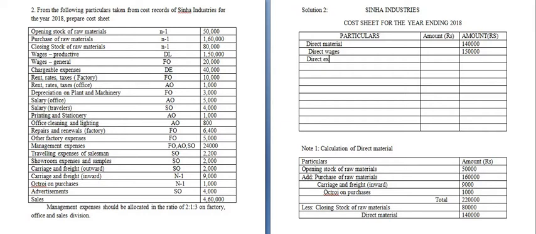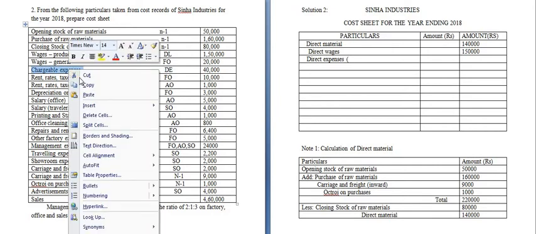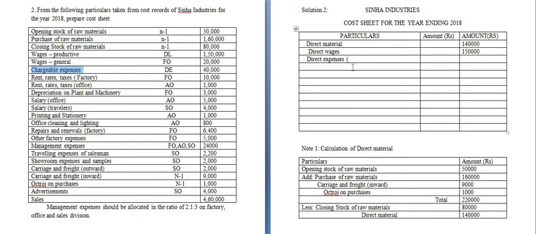Now next we should take direct expenses. In the bracket you can write chargeable expenses, because here they have mentioned chargeable expenses. Amount is how much? 40,000.